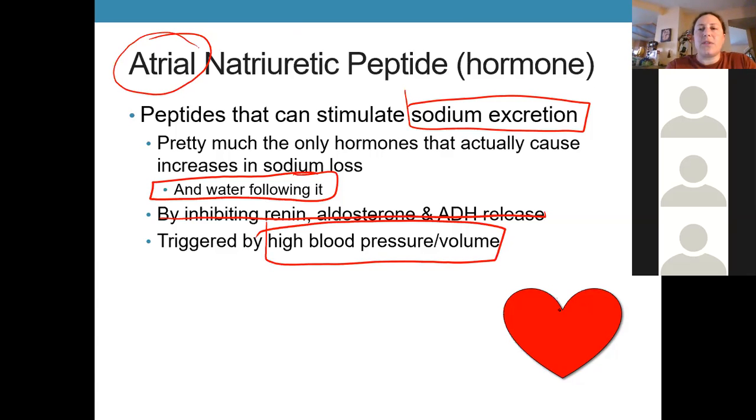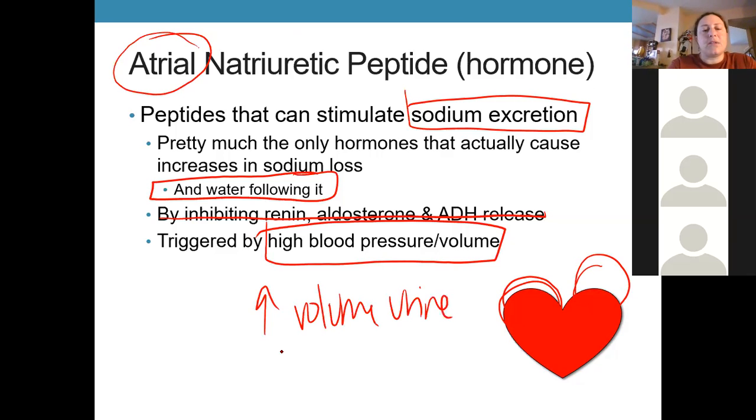So basically, we stretch the heart too much because of the high blood pressure in the atria, and that causes the release of this hormone, and that lets us increase the volume of the urine. And so that should decrease our blood volume, which should then decrease the blood pressure. That's the goal.